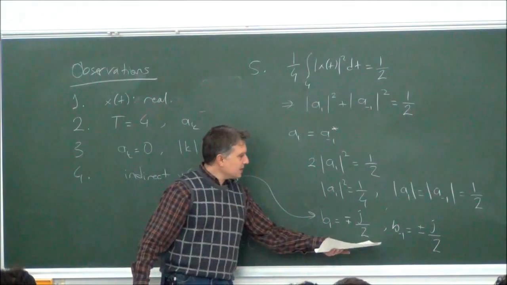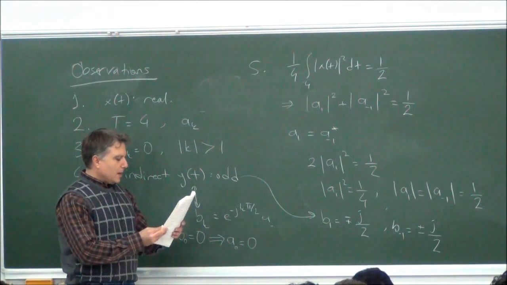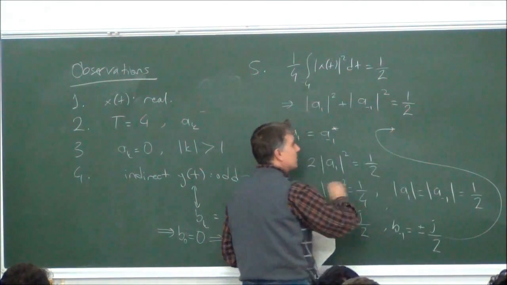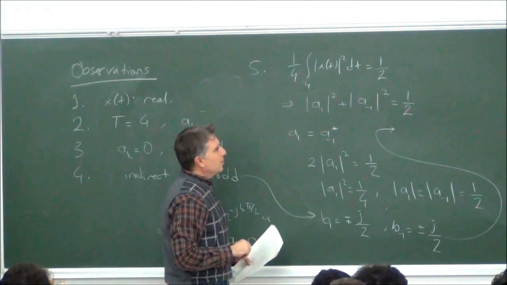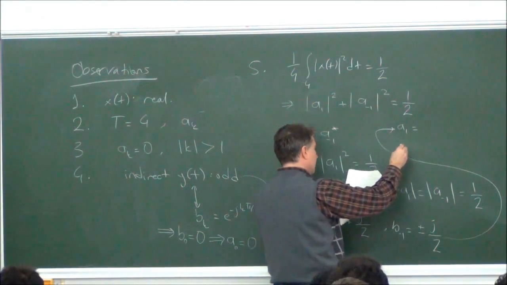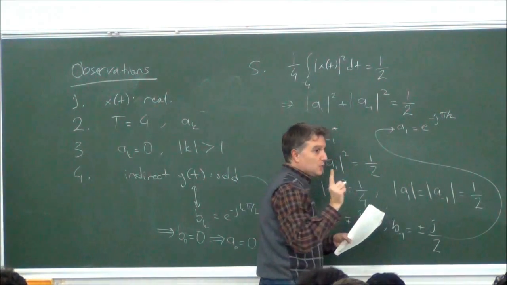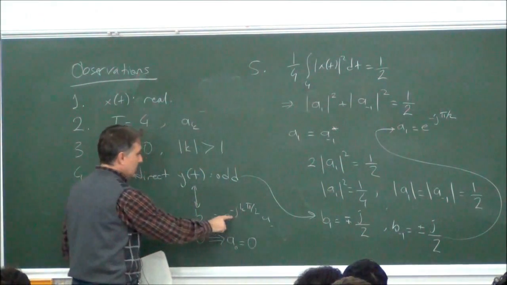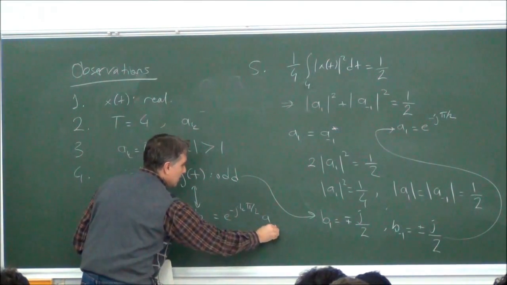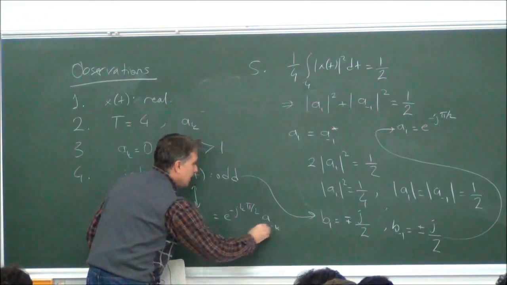Whatever the sign of this thing, the sign of the other one is just the inverse of it. And if we continue from here, sorry for the blackboard usage, a1 is equal to e to the minus j pi over 2, and k is 1 here. I'm using this relation between bk and a minus k.